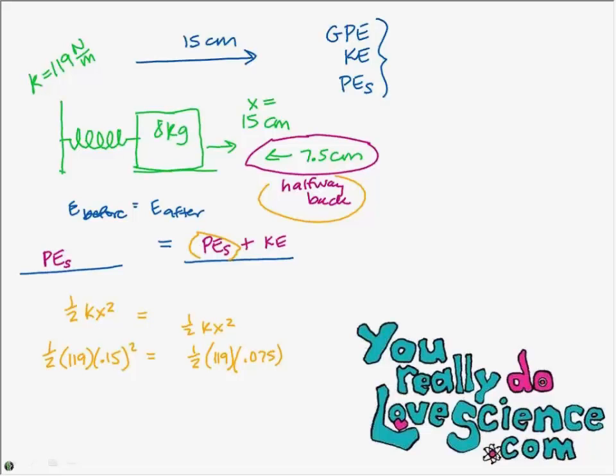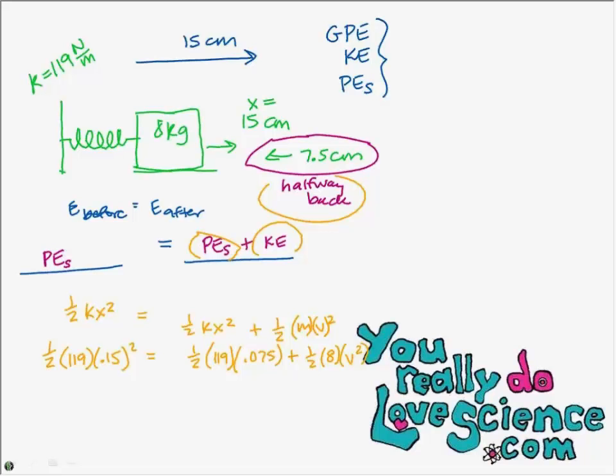Okay. So that's the potential energy of the spring when it's halfway back, plus the kinetic energy. What was the math? 1/2 mv squared. And we'll go ahead and do 1/2 times 8, and then v squared. You got it, right?